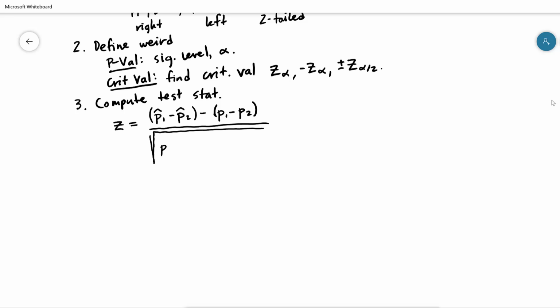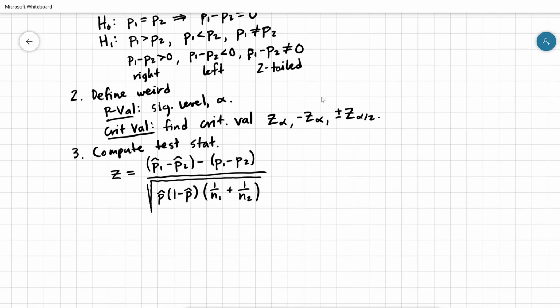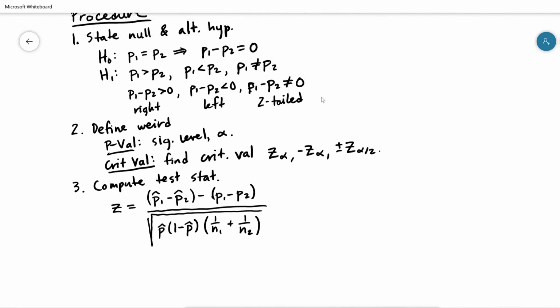So it looks like p-hat times 1 minus p-hat times 1 over n1 plus 1 over n2. So this formula is just getting uglier and uglier and uglier. And in fact, as I point out a few things in here, this right here, P1 minus P2, that is always the assumption that we get from the null hypothesis.